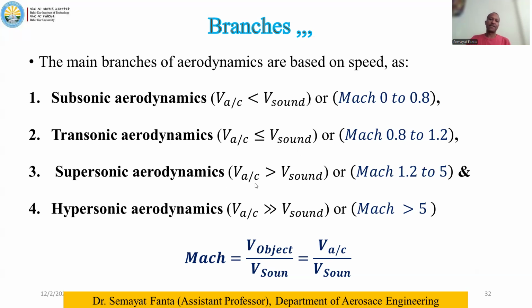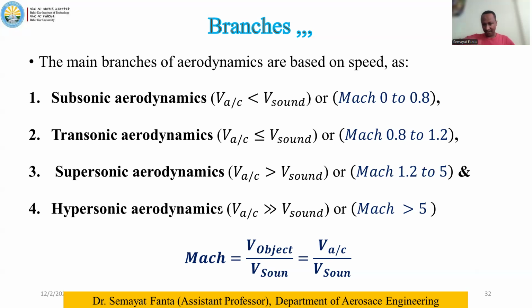When the aircraft velocity is greater than the speed of sound, from Mach 1.2 to 5, we call it supersonic aerodynamics. If it is Mach 5 or greater, we call it hypersonic.